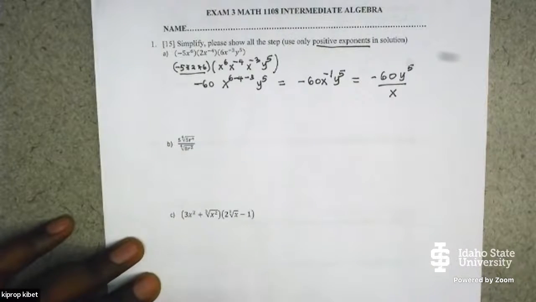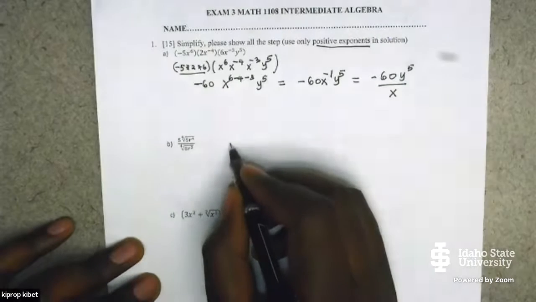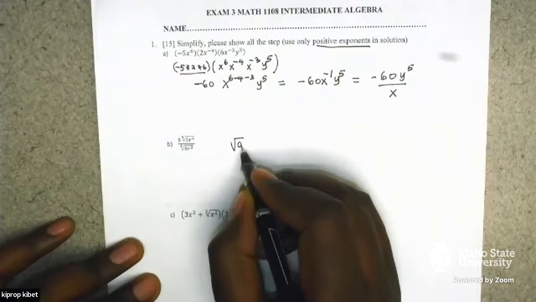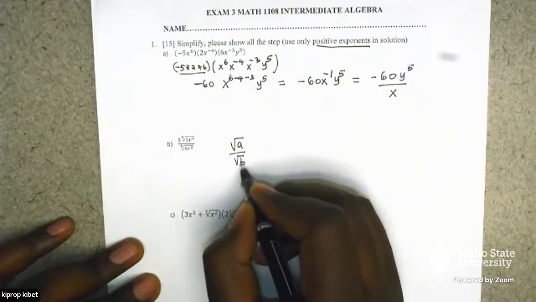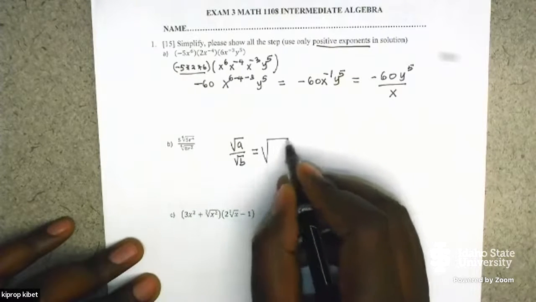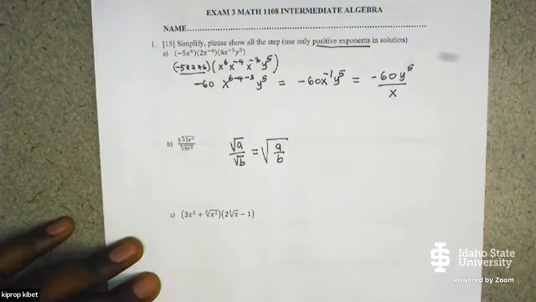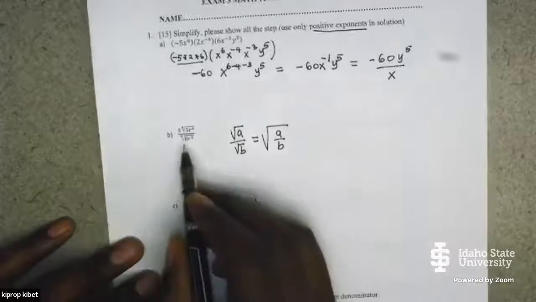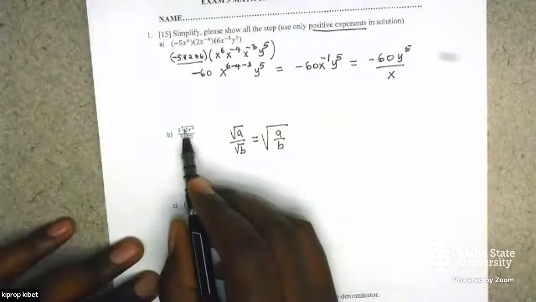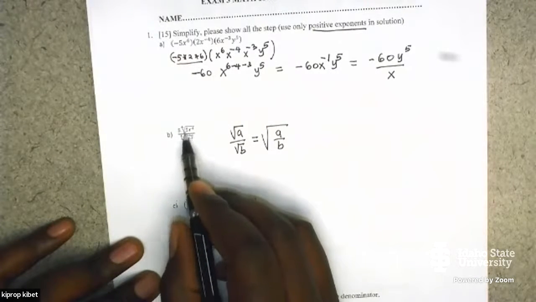The next one here, if you remember, I said if you have the root of A all over the root of B, this is the same as the root of A all over what? Right? So when you have these ones, the fourth roots are the same.